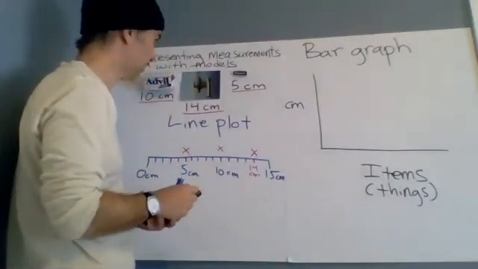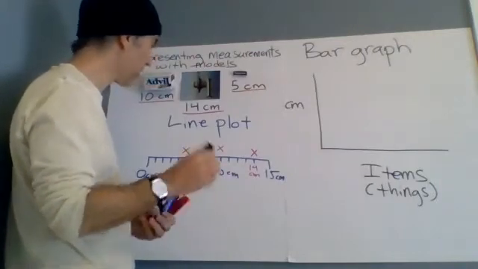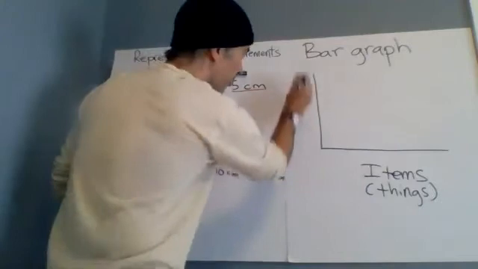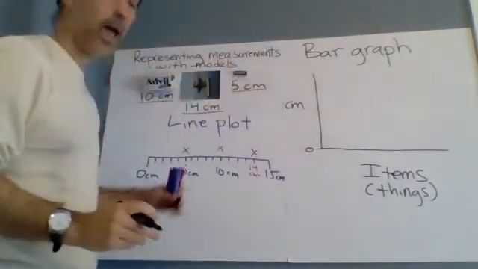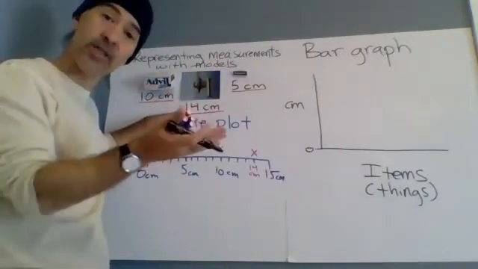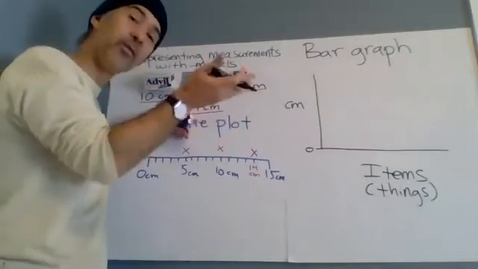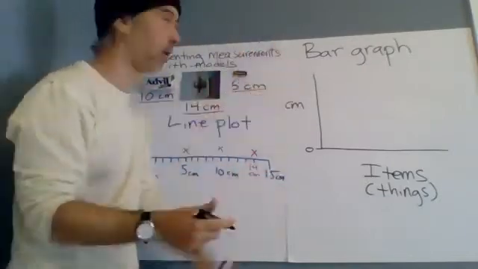So, same as before, we start our centimeters at 0, and we go all the way up, well, 14, and we'll go 1 more centimeter to 15, so we make sure we have all our data in our bar graph.